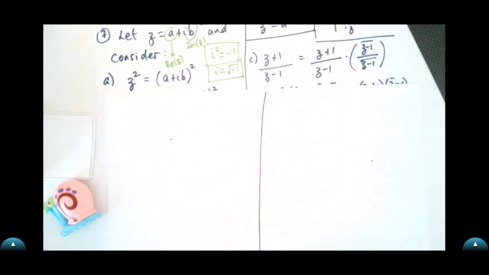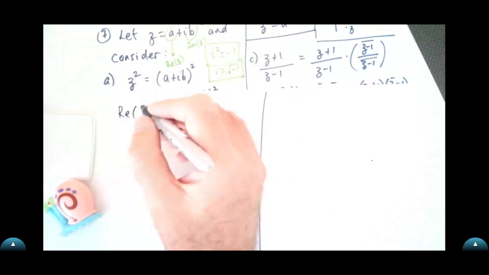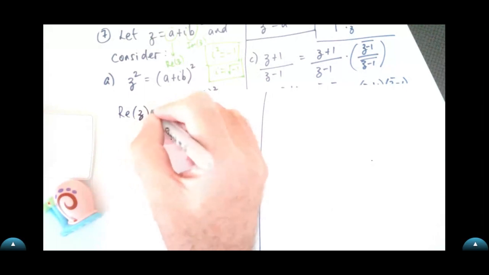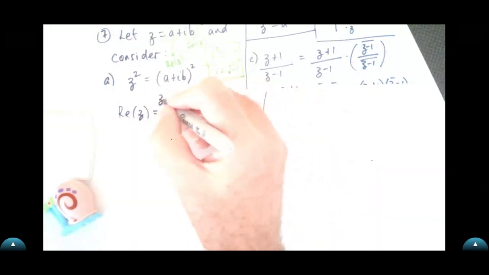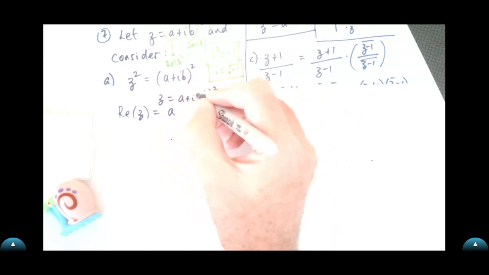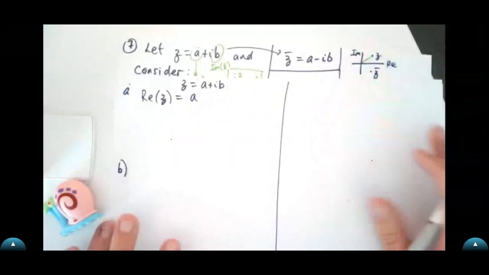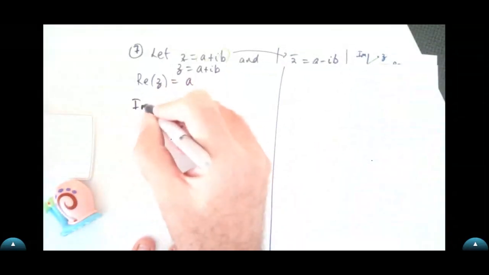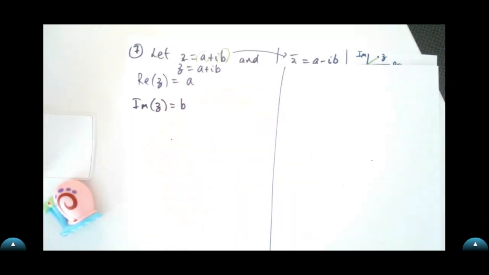There's two important relationships here, right? If I have a complex number, Z, the real part is that, the imaginary part is that.